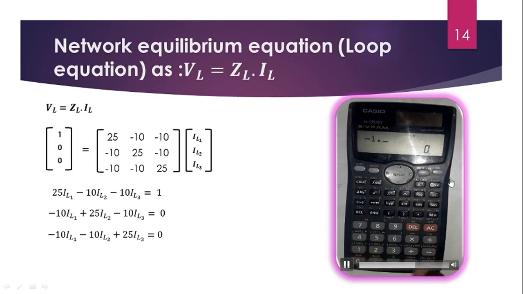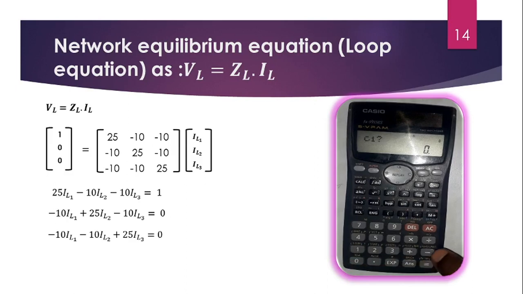Then A2 is minus 10, B2 is 25, C2 is minus 10, D2 is 0. Then A3 is minus 10, B3 is minus 10, and C3 is 25, and D3 is 1. At last press the equals sign.